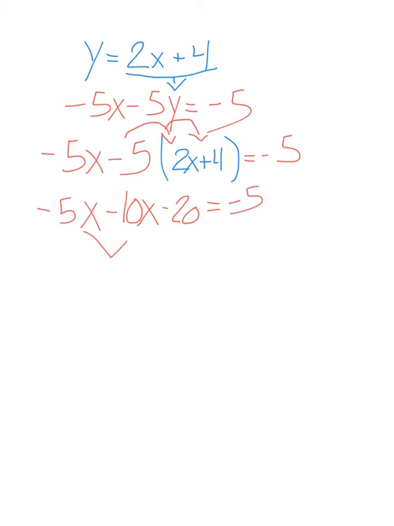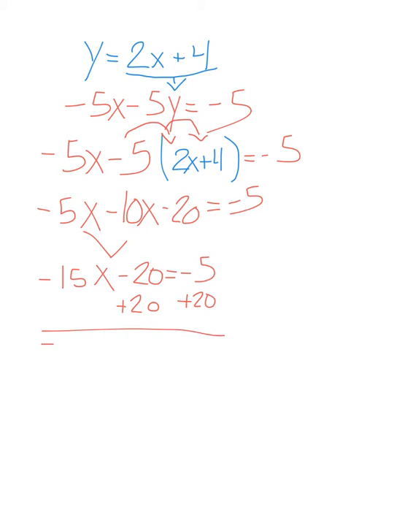Next, we'll combine our like terms. So negative 5x minus 10x, and we have to be careful with our integer rules, that would leave us with a negative 15x minus 20 equals negative 5. So we'll keep simplifying. We want to solve for x, so we're going to add 20 to each side.